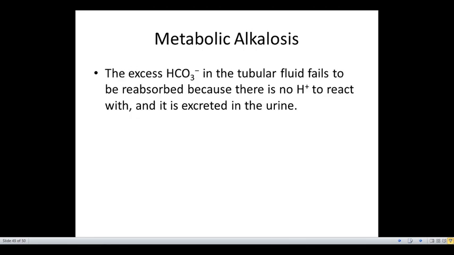The excess bicarbonate ions in the tubular fluid fail to be reabsorbed because there are no hydrogen ions to react with, and it is therefore excreted in the urine.